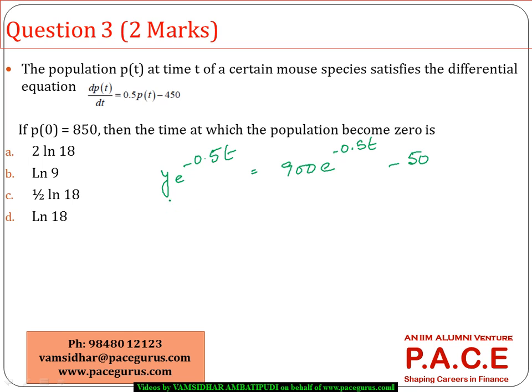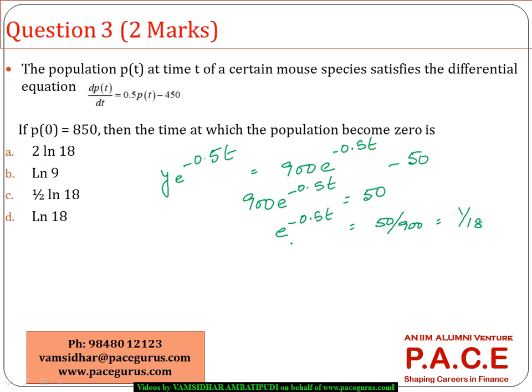Now I want y equal to 0. So if this entire thing has to be 0, then 900 into e power minus 0.5 t should be equal to 50. From here it's working out e power minus 0.5 t is equal to 50 by 900, which is 1 by 18.